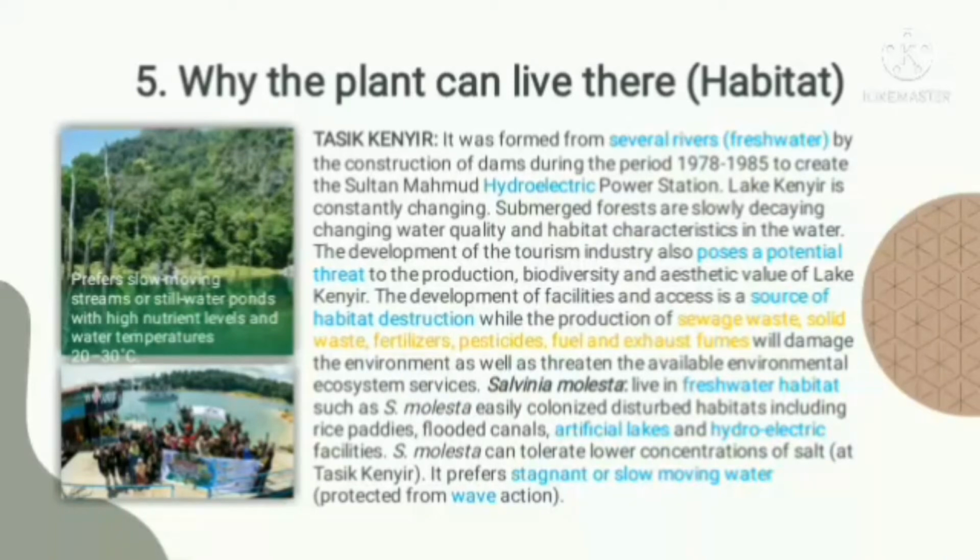So Salvinia molesta is suitable to live in the habitat of Tasik Kenyir, because Tasik Kenyir has slow waves, no wave action, because this is a lake, not sea or beach. And it is very suitable for Salvinia molesta to live there.